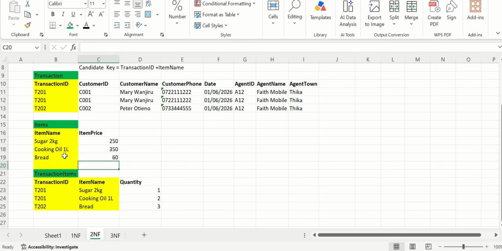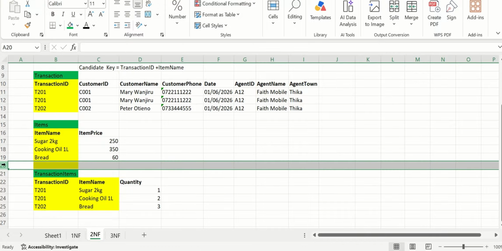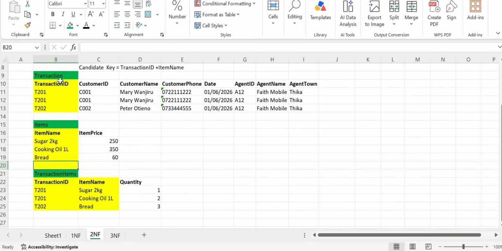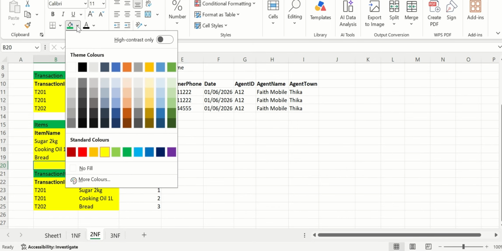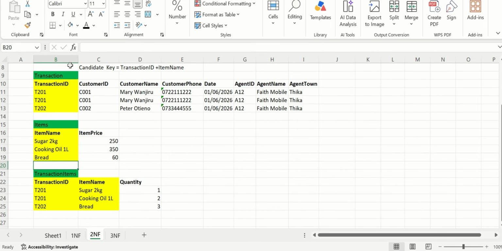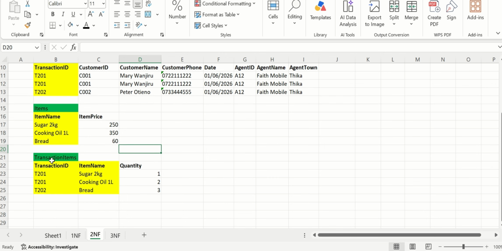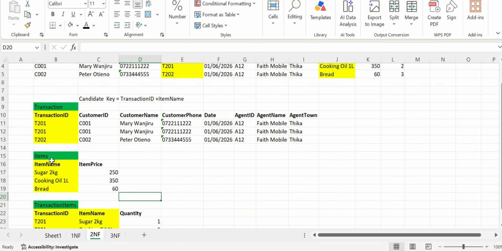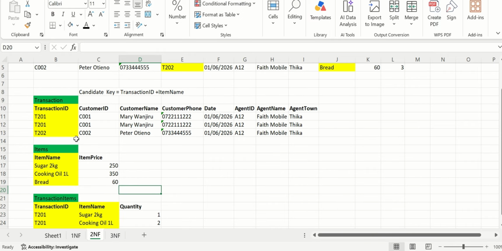So how many tables do we have? We have the transaction, we have the item, and we have the transaction item table.